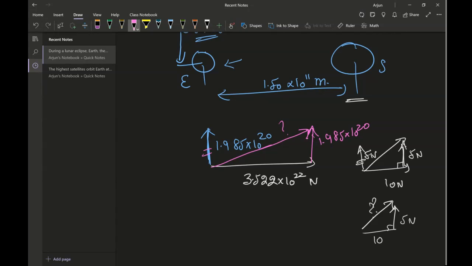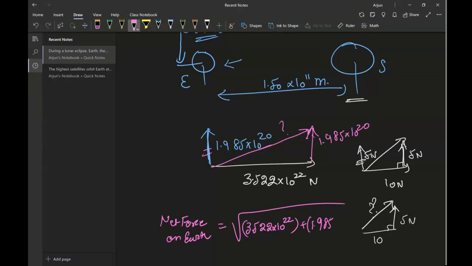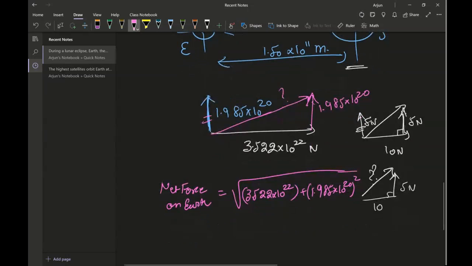So the resultant or the net force on earth will be equal to square root of 3.522 times 10 to the 22 squared plus 1.985 times 10 to the 20 squared, and then that's going to give you the final answer as 3.52 times 10 raised to power 22 newtons.